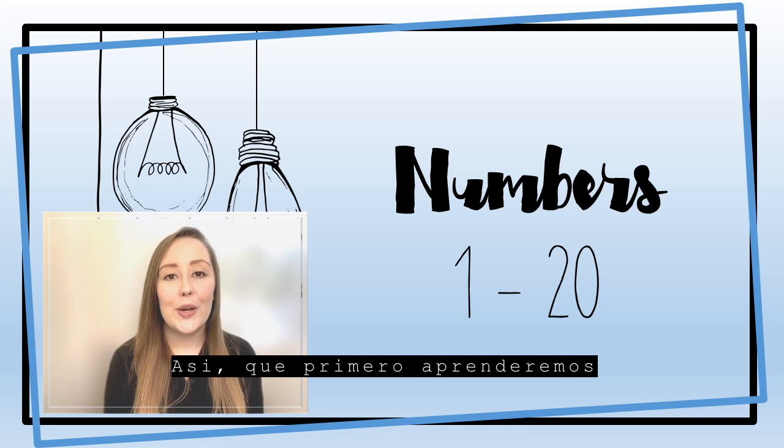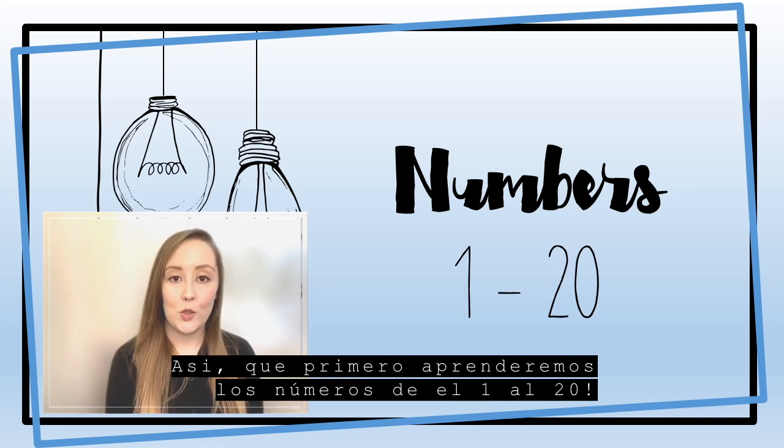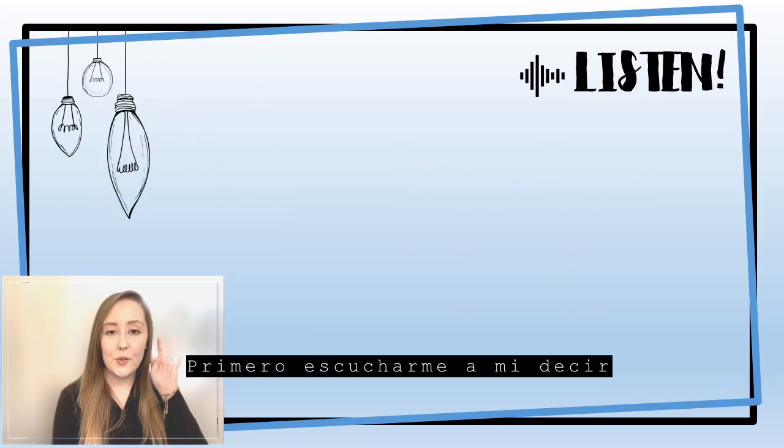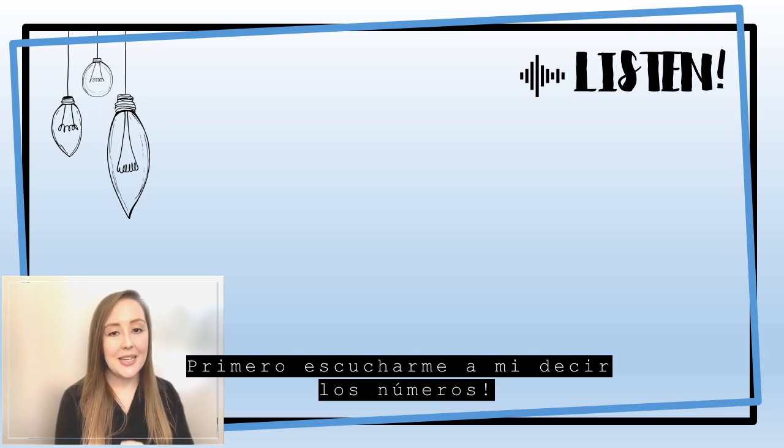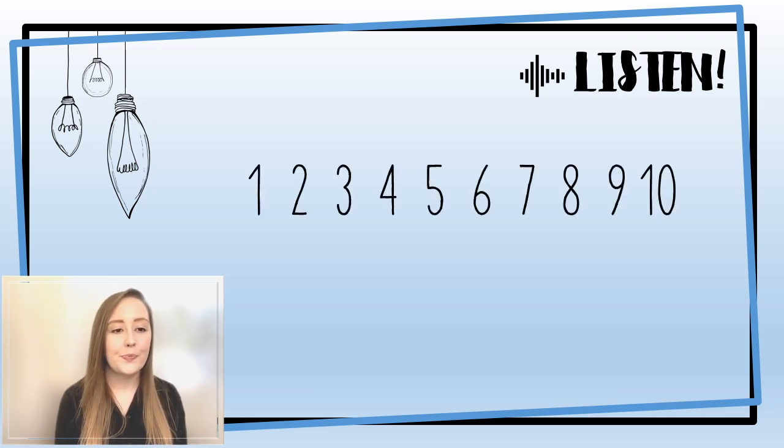So first of all, we're going to learn the numbers 1 to 20. So first of all, just listen to me saying the numbers. 1, 2, 3, 4, 5, 6, 7, 8, 9, 10.